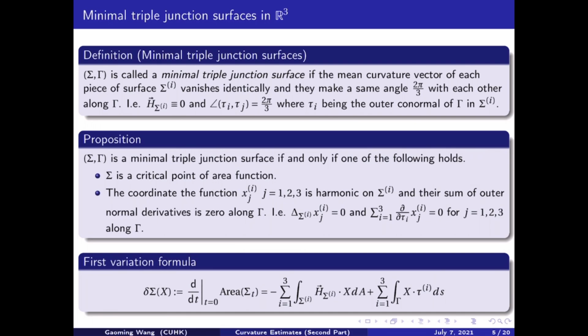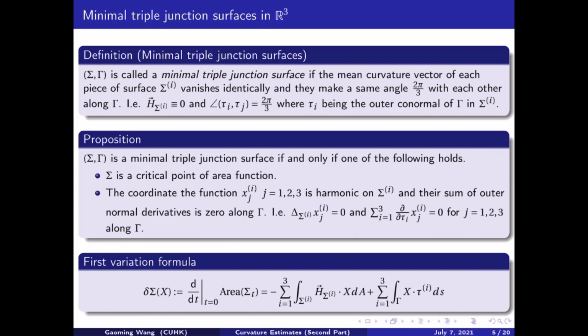Still, like the definition of minimal surface, we have several equivalent definitions for minimal triple junction surface, and we will mention two of them. The first equivalent definition is that Σ_γ is a minimal triple junction surface if and only if it is a critical point of the area functional. Again, the equivalence can be found by using the first variation formula.